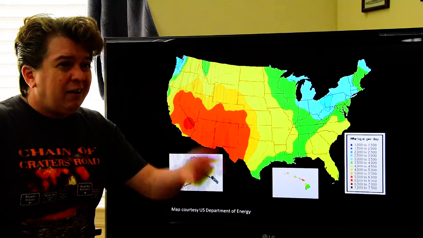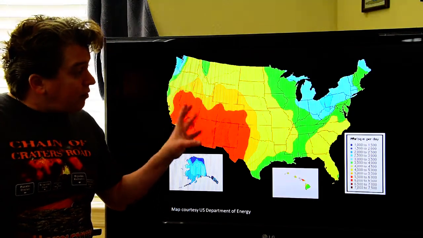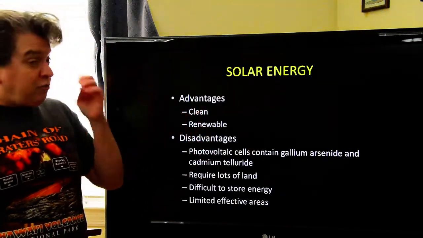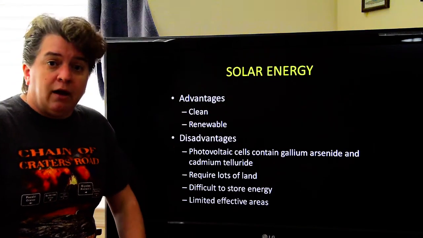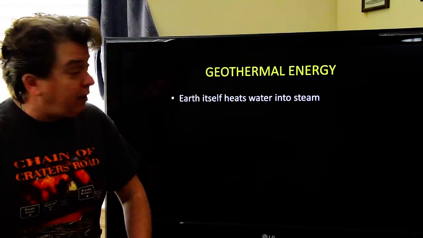Or think about where my family's from. It's up in northern Norway, the sun doesn't even rise for part of the year. And so that would kind of suck if we didn't have electricity for part of the year. So there are drawbacks, but I think solar energy is something that could be utilized more in certain places.